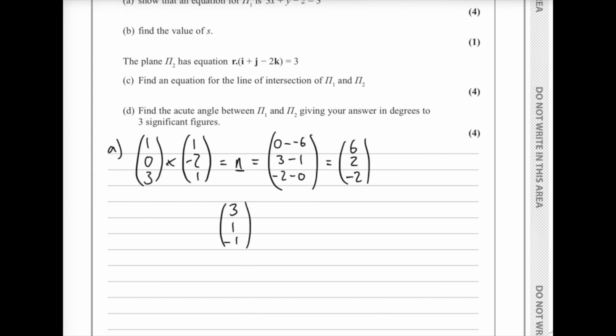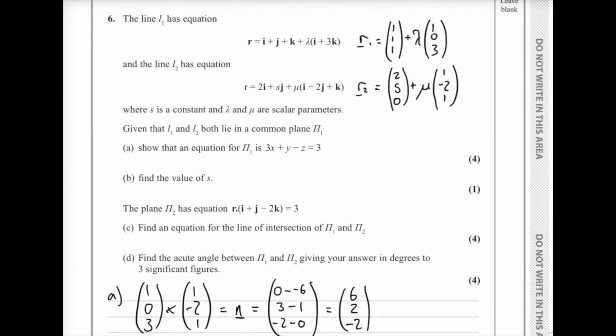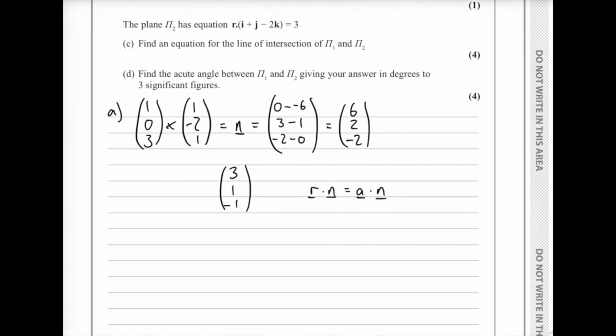Then to get an equation of the plane, we use r dot n is equal to a dot n. Because both lines are in the plane, both of the points that they use are in the plane. We could use either one, but seeing as we don't know what s is, let's take 1, 1, 1 from r1, which gives us 1, 1, 1 dotted with n, 3, 1, minus 1.